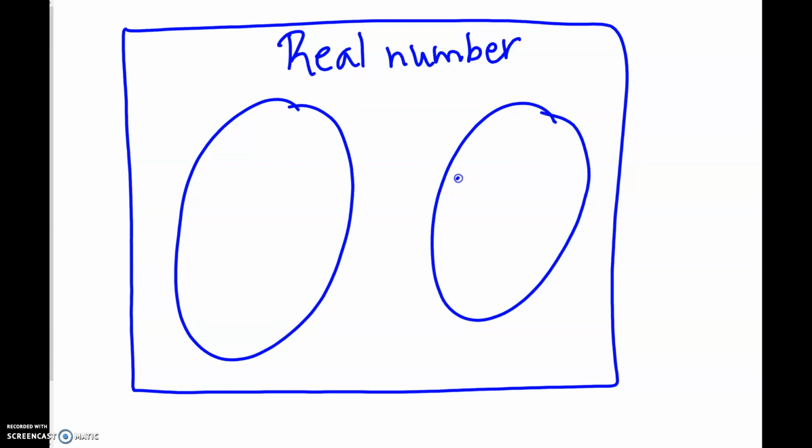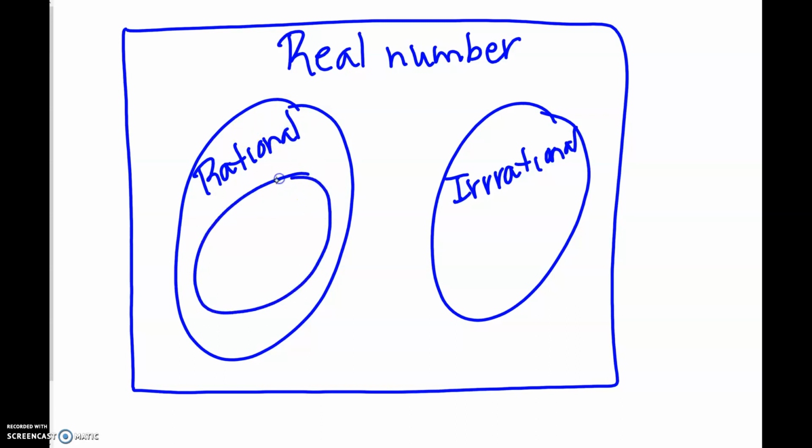These are going to be your irrational numbers, and then we also have rational. A subset of rational numbers is going to be your integers. So there are more rational numbers than there are integers.